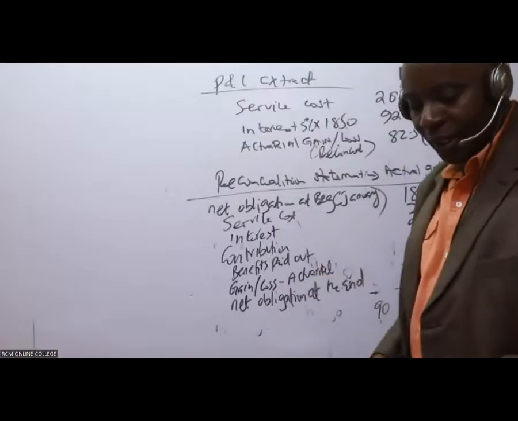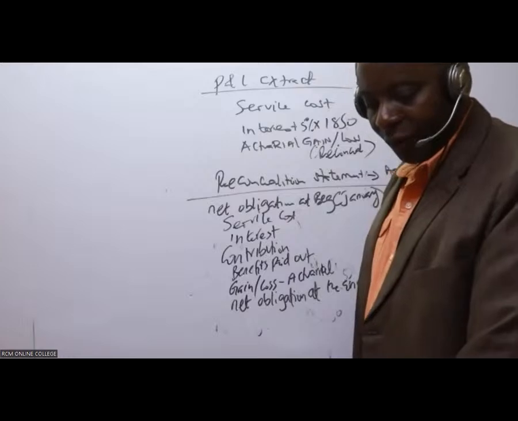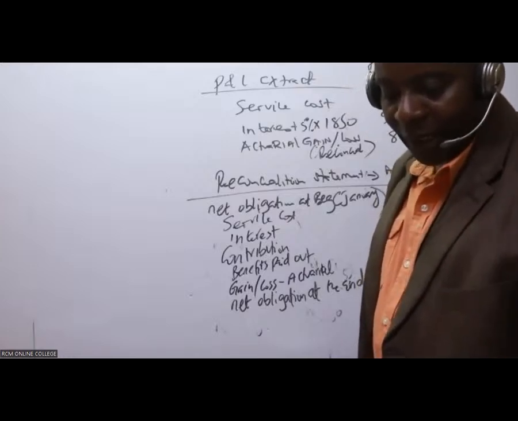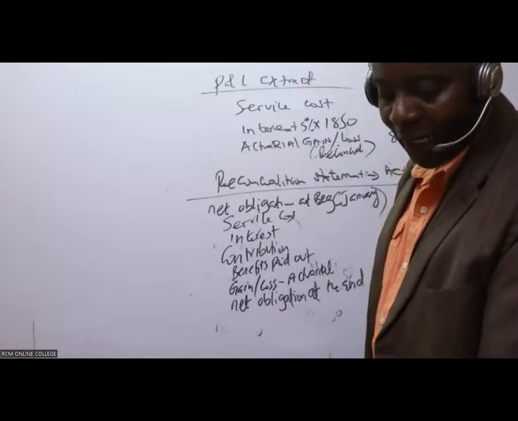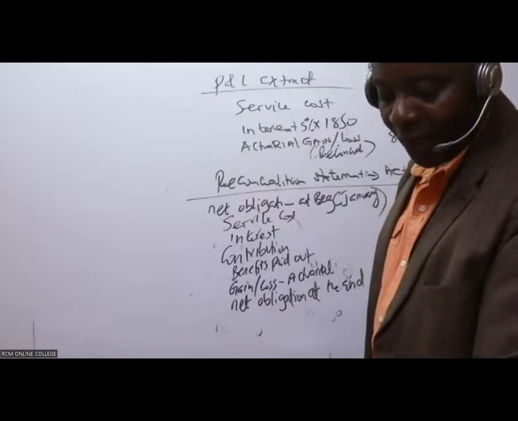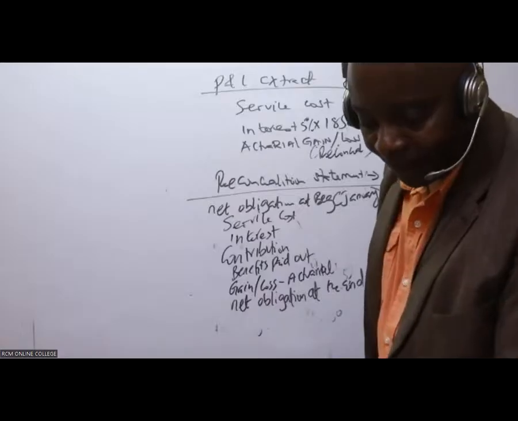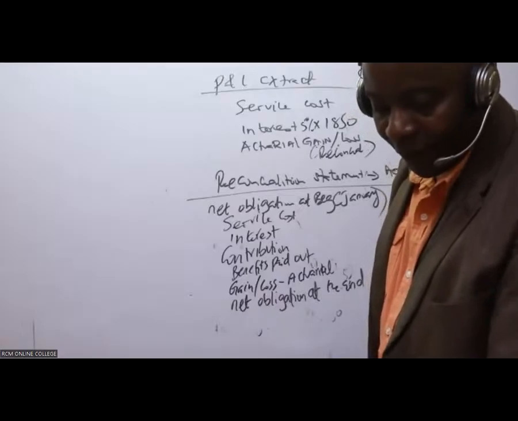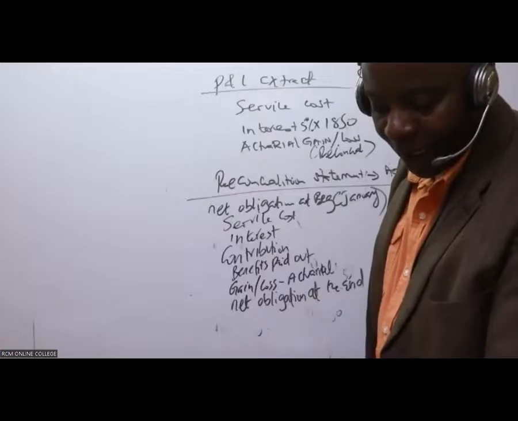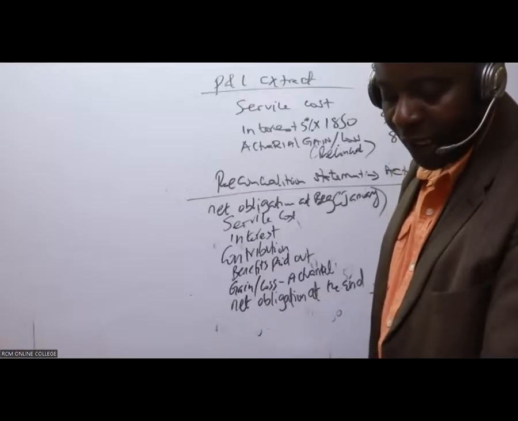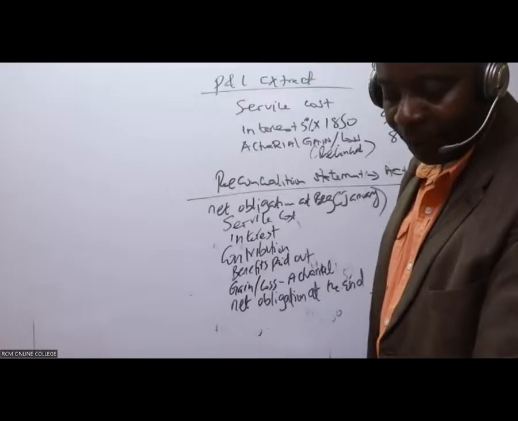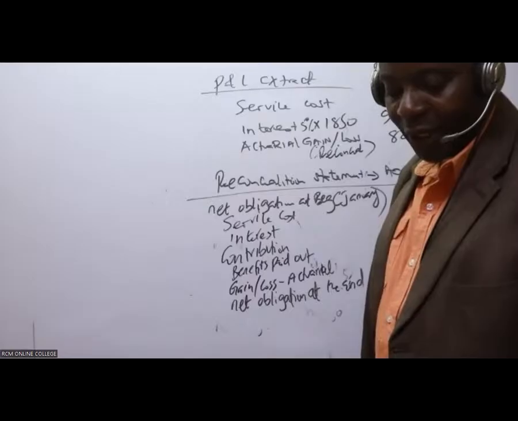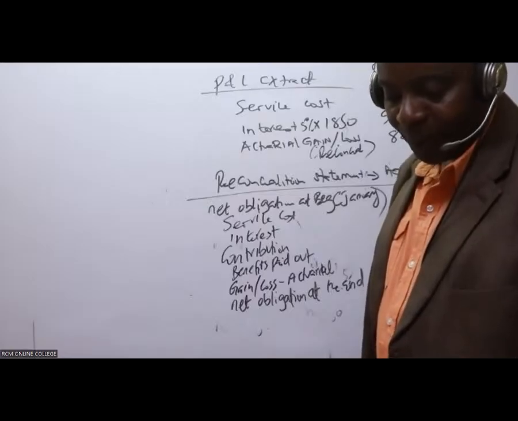I can maybe take a screenshot of this for you, but they're basically explaining the same thing. Like the contributions into the plan are cash flows into the pension plan. They increase their assets, and therefore reduce what here? The net obligation. But of course, they can't be taken to the profit and loss.